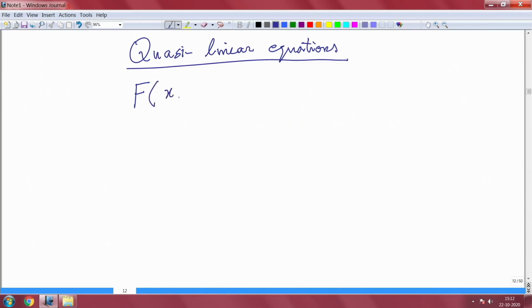So, let me write the Cauchy-linear equation. What is your Cauchy-linear equation? F of x y u ux uy equal to, okay. Now, it is linear only in the last variable.